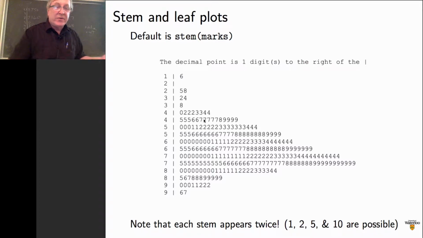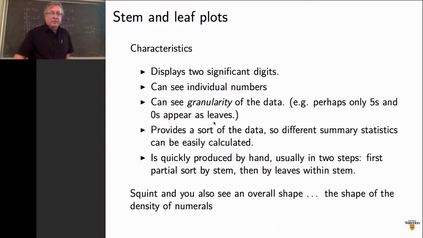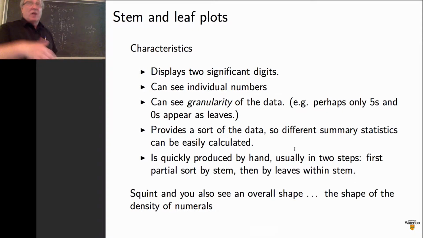So I can see that this is a fairly fine grain, down to individual marks. So you can see the individual marks, you can see what is the measurement for this data. So it's still got a lot of detailed information. It provides a sort of the data, so you can get lots of different summary statistics very easily, like the median.